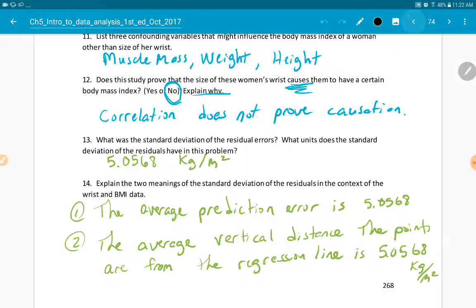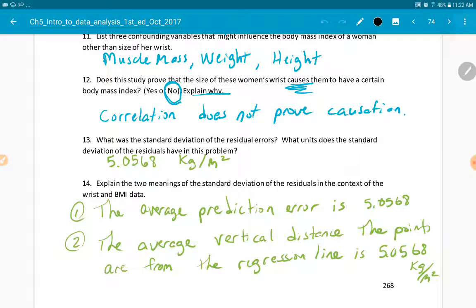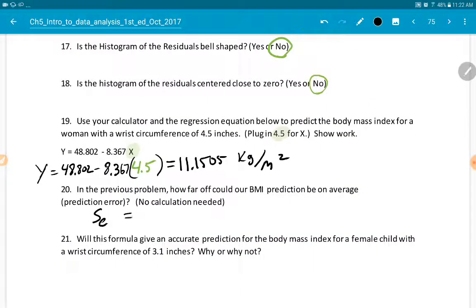So that's actually on number 13, but it's also on our printout right here. 5.0568. So that is 5.0568 kilograms per meter squared. So on average, I'm off by about that much when I make that prediction.